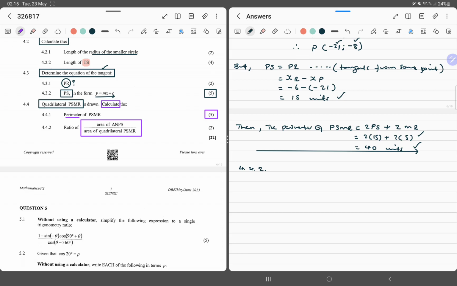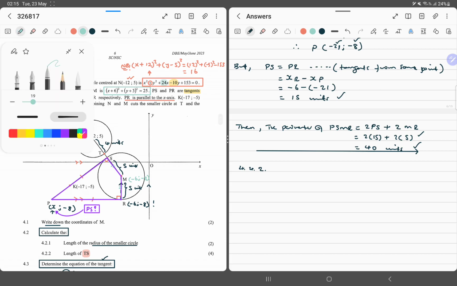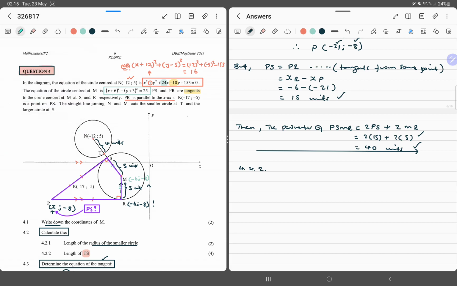The area of triangle NPS. So where's triangle NPS? Maybe let's make it look nice. So there's N, P, S. And we can see there that if this is a straight line, we've got 90.